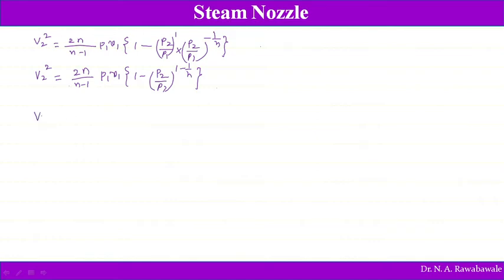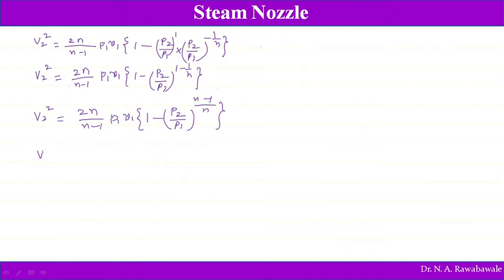So V2 square is equal to 2n divided by n minus 1 P1 V1 bracket 1 minus P2 divided by P1 to the power of, n is taken as LCM, so n into 1 is n minus 1. So this is nothing but the velocity square.